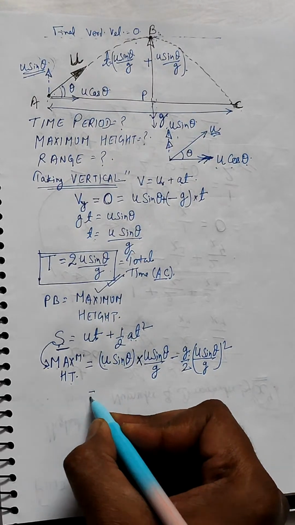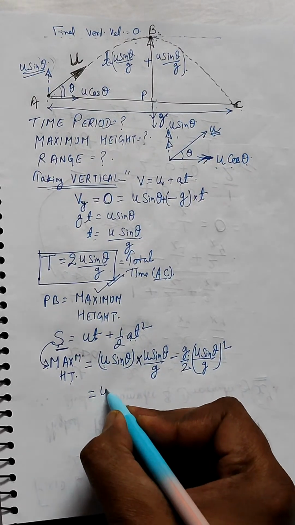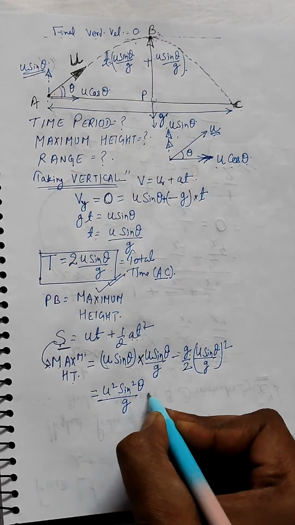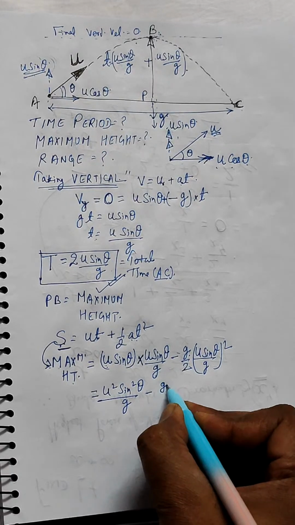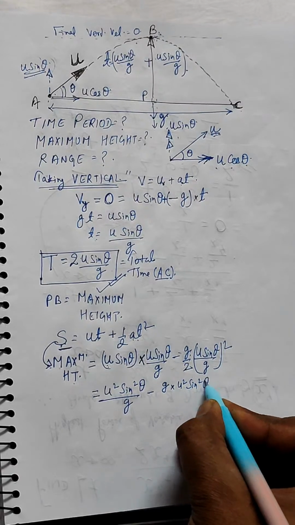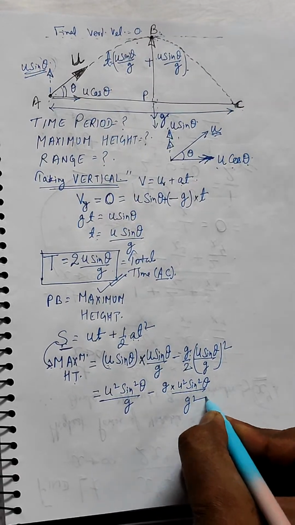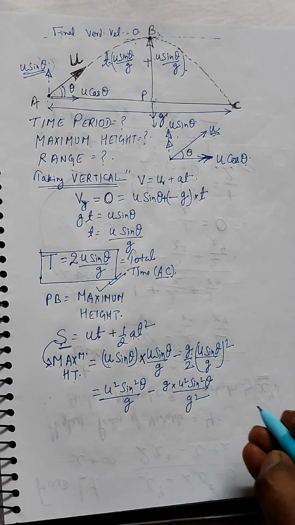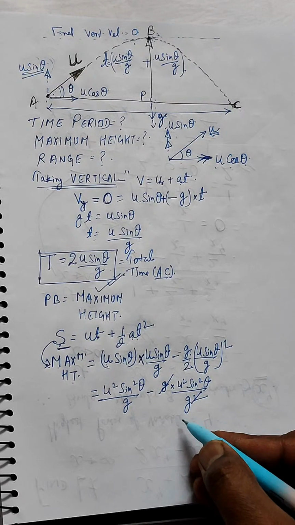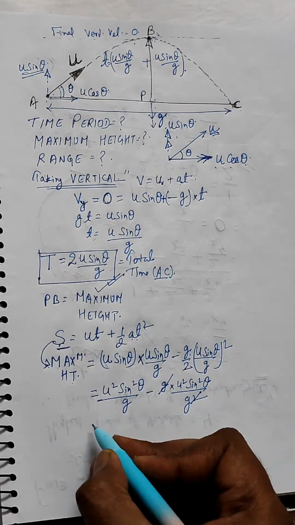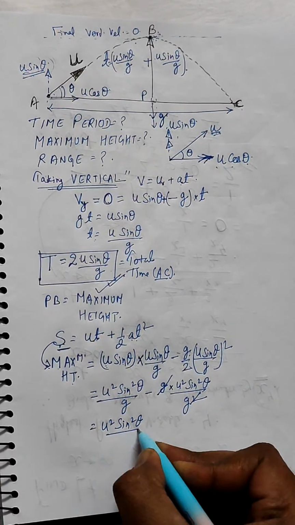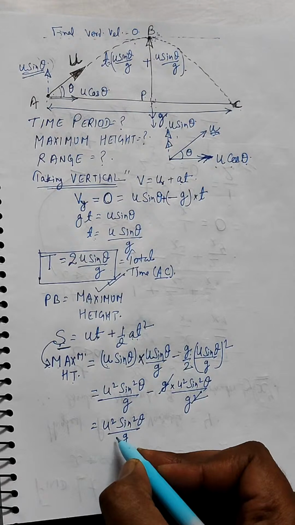So from here we are getting u square sin square theta by g minus g into u square sin square theta by g square, right? So here 1 g and this square will be cancelled out, and we are left with u² sin² theta by g, and we are calculating the maximum height, students.